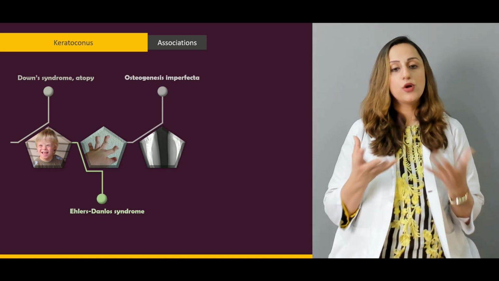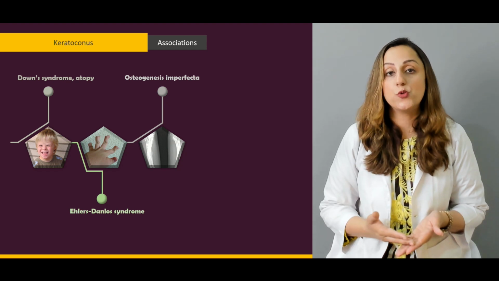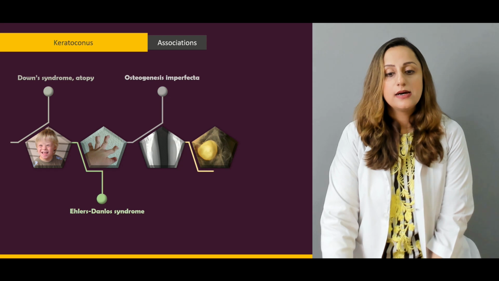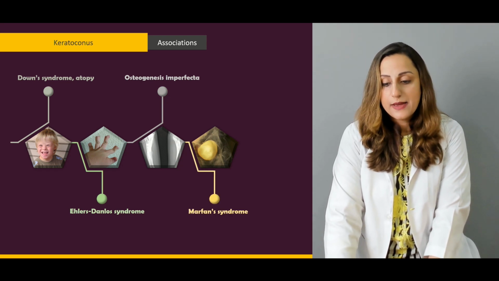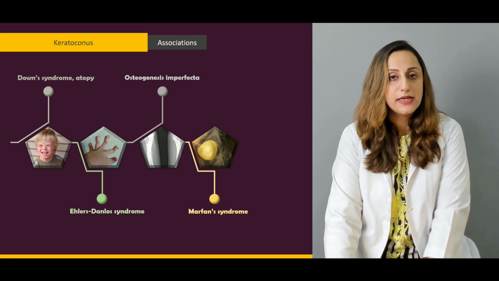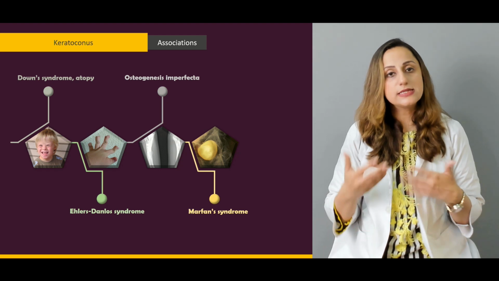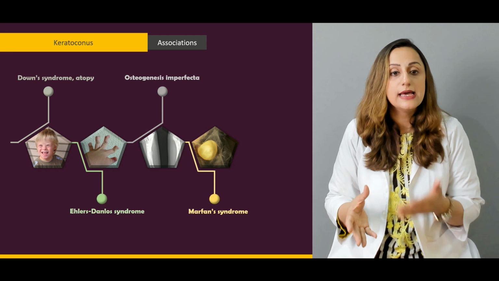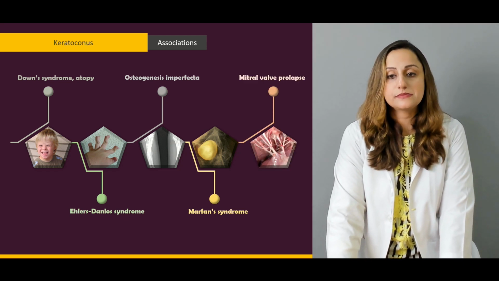All of these hereditary conditions can usually be coupled with keratoconus as well. Sometimes the patients are suffering with Marfan's syndrome, in which you have longer bones than normal. This is one of the hereditary and genetic conditions seen in people suffering from keratoconus.